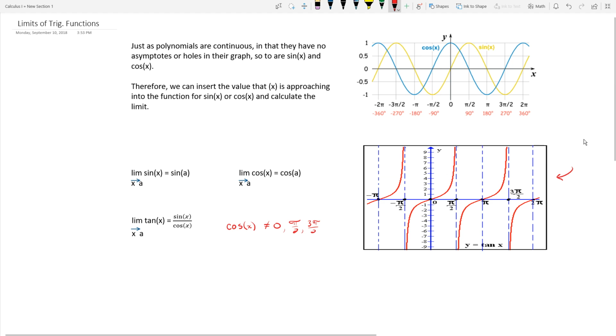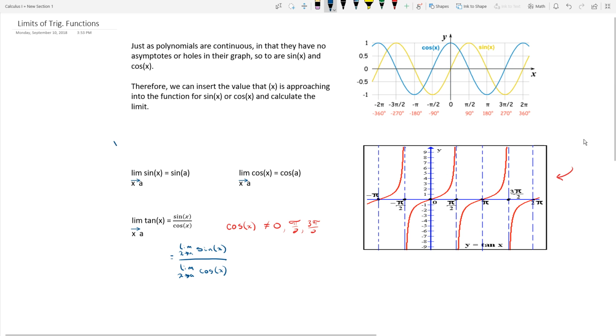we can say that the limit of tan x is equal to sine x over cosine x, and use our limit property, which allows us to split apart our division. We would say that this is going to be equal to the limit as x approaches a of sine of x divided by the limit as x approaches a of cosine of x.